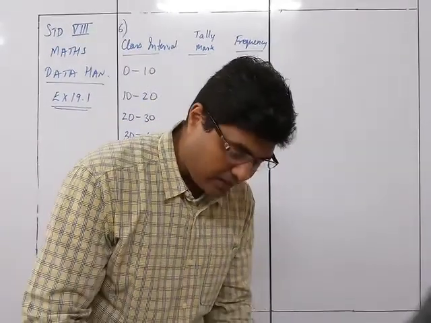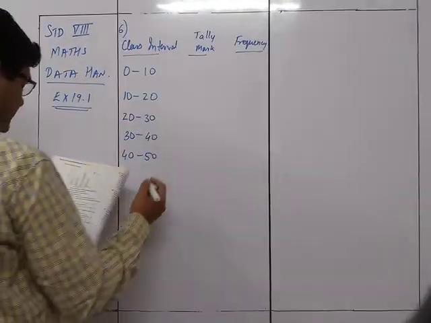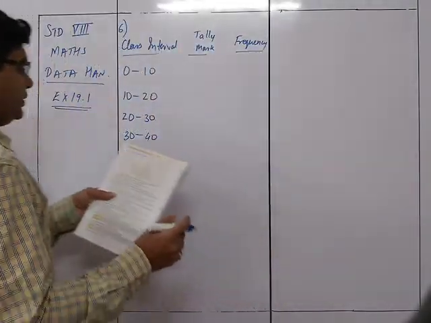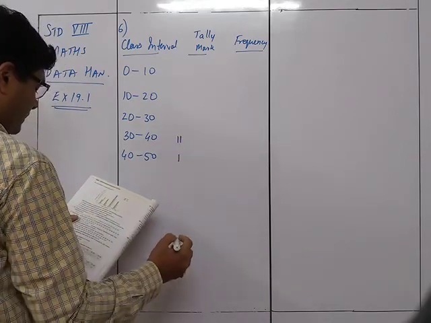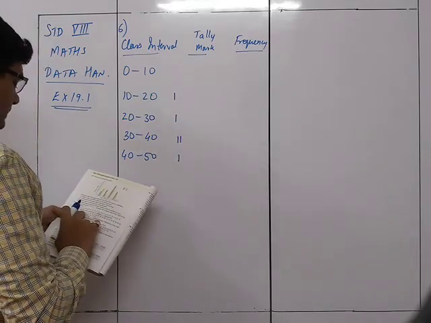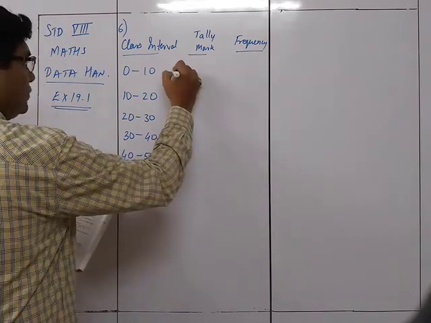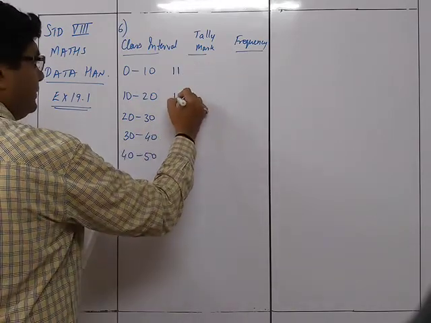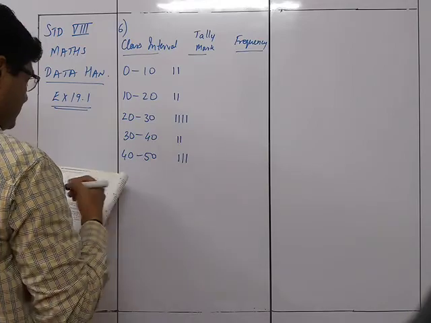The first ones are 41, 32, 35, 21, 11 will come here, then 47, 42, 0, 5, 18, 25, 24, 29, 38.